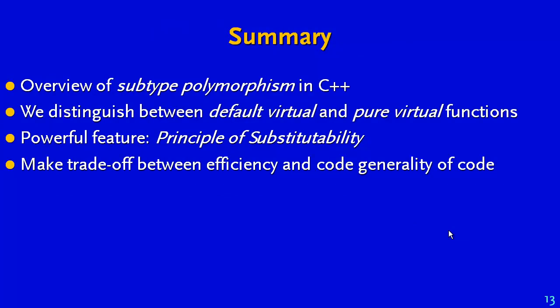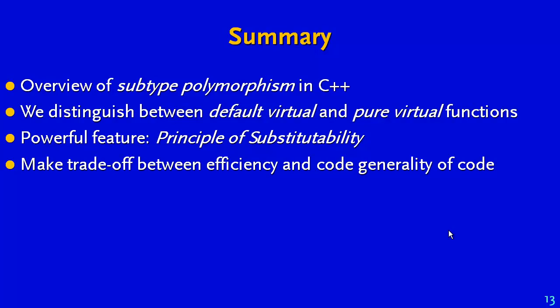Summary. This is an example of so-called subtype polymorphism. Subtype polymorphism has to do with the fact that you've got a pointer to the base class, and the pointer can switch between derived class addresses, and when you call the functions, the correct function is called.